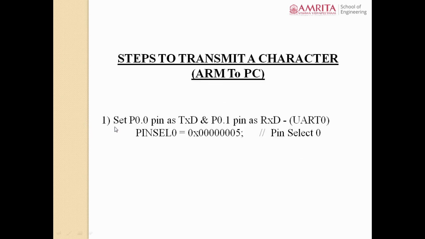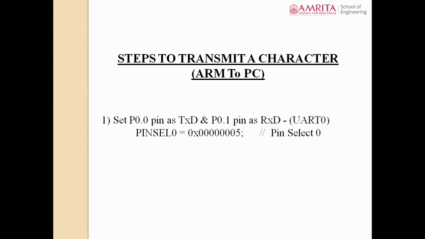So first step is to set P0.0 pin as transmit pin, that is TXD pin, and P0.1 pin as receive pin of UART 0. Configure P0.0 as transmit and P0.1 as receive of UART 0.